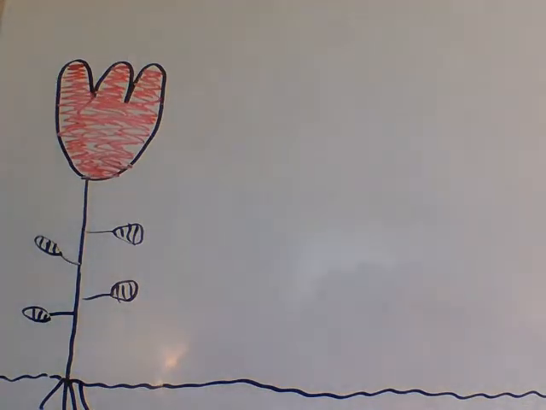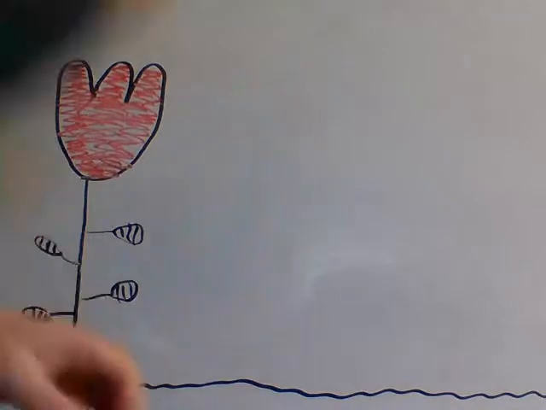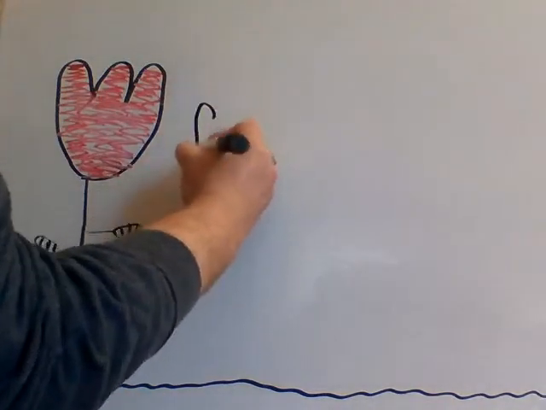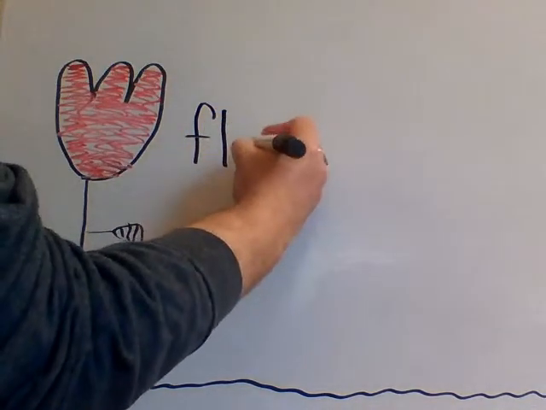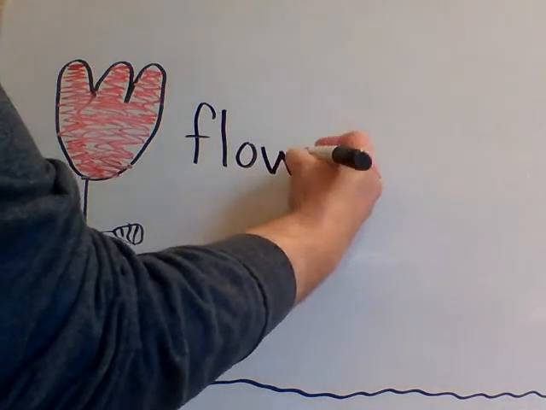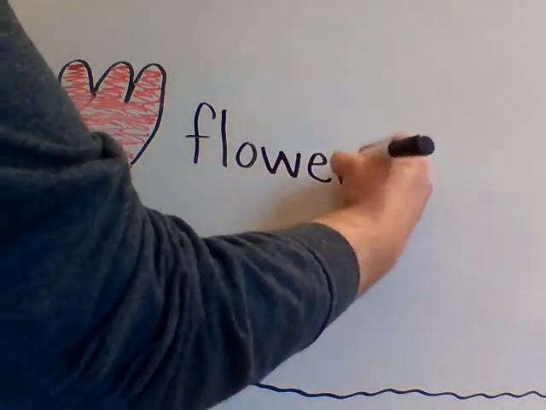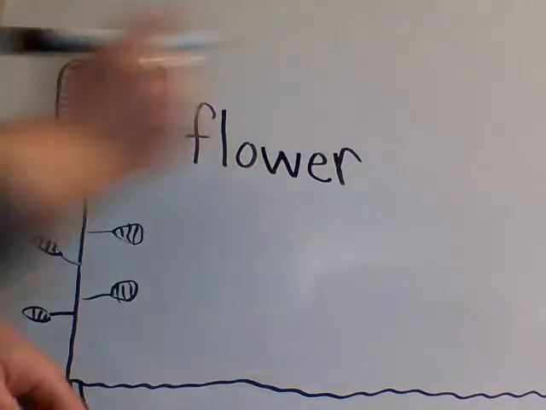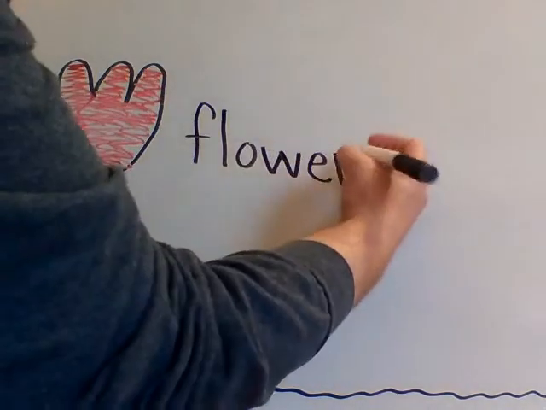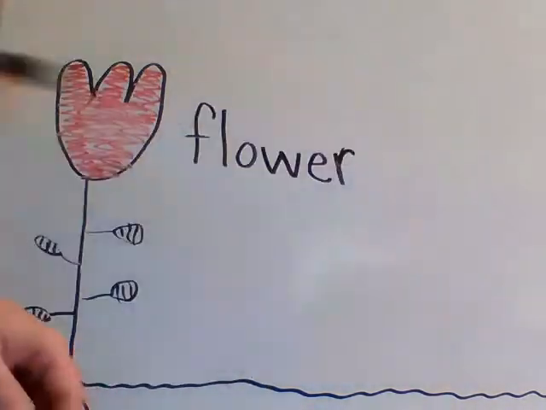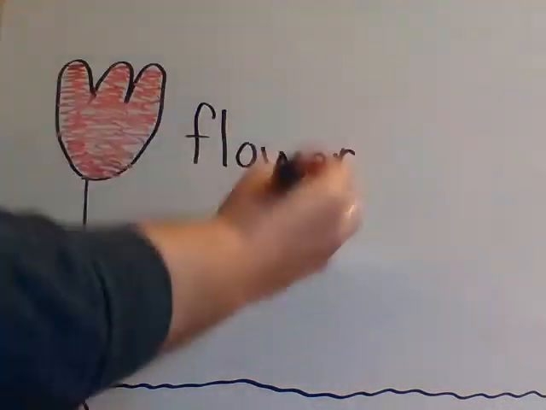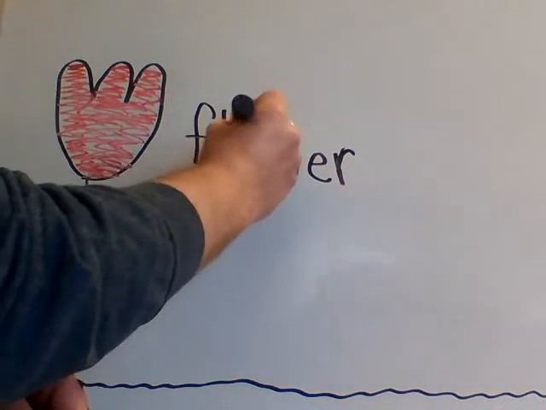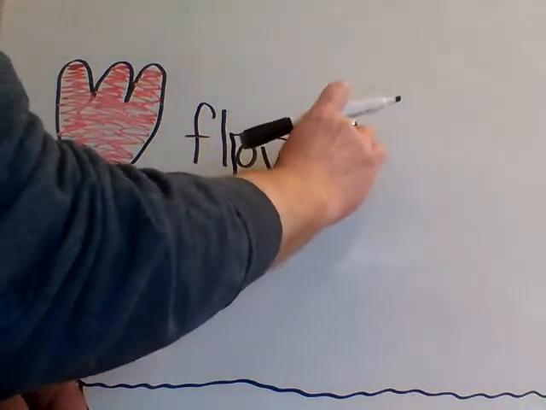So you can add some more detail to it later, but for now, let's go ahead and write that keyword next to it. FLOWER. Flower. Okay? And I'm going to try to make my R a little bit better. Okay? That's a little bit better. Okay? And we're going to box in the OW. Okay?